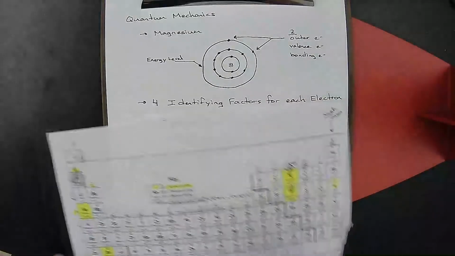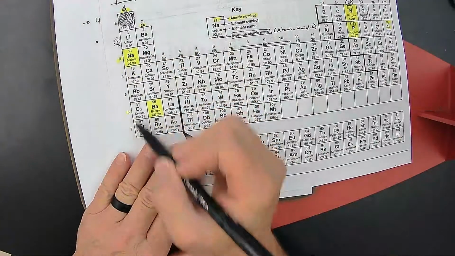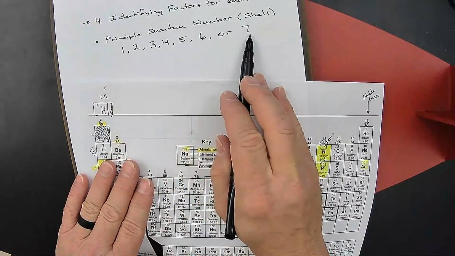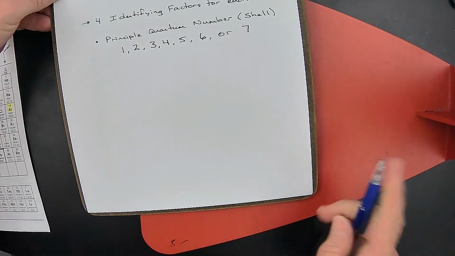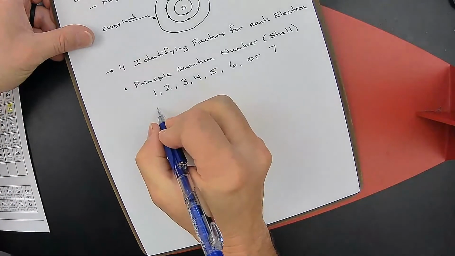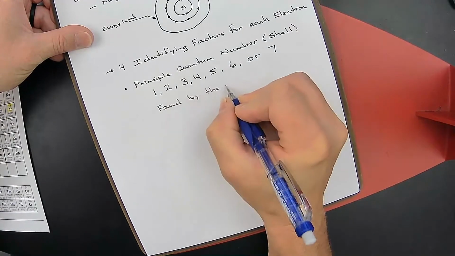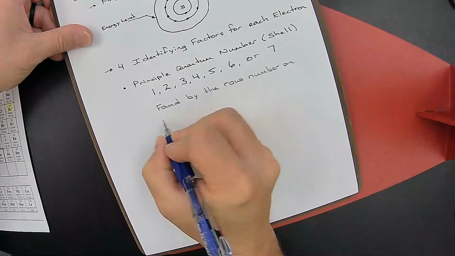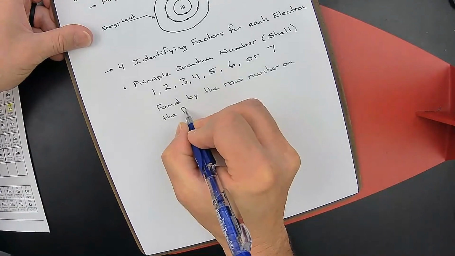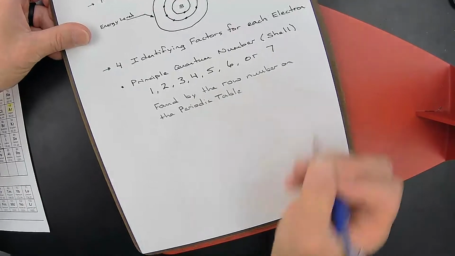So here, now we're going to start referring to the row number 1 through 7 as the principal quantum number. So the principal quantum number is found by the row number on the periodic table.